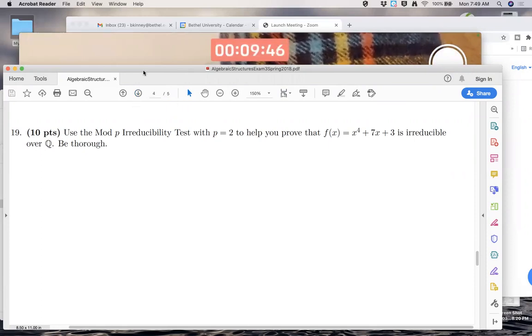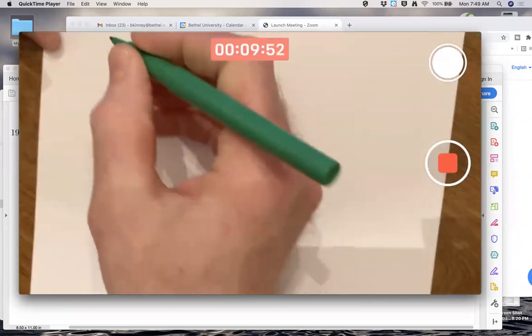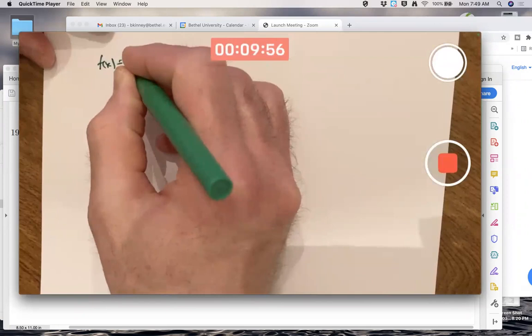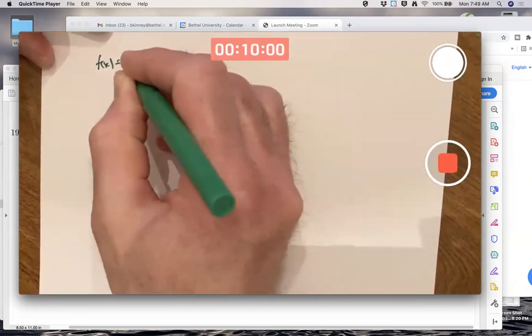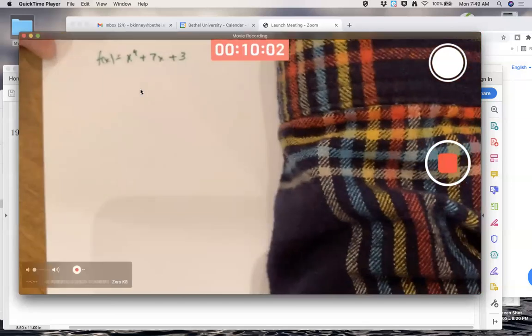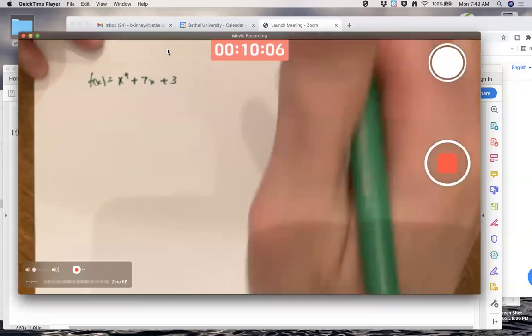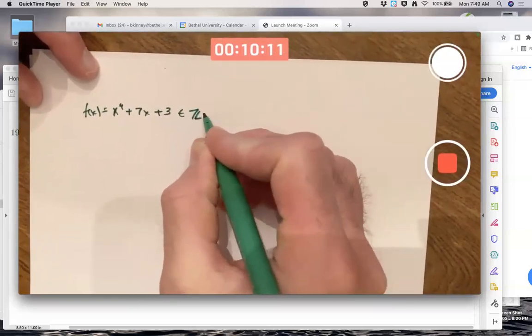So let's write this polynomial down, x to the fourth plus 7x plus 3. This is certainly a polynomial that is in Z[x], right?